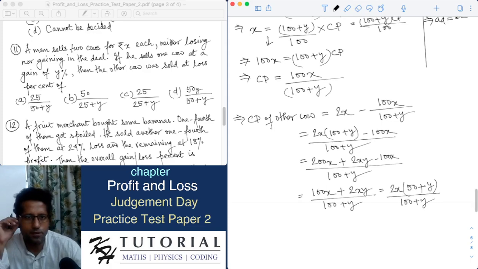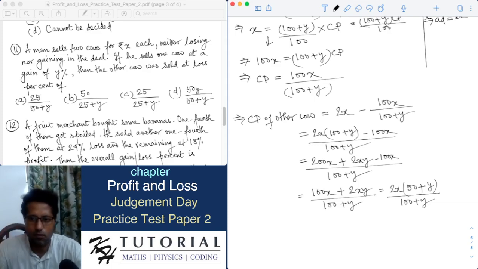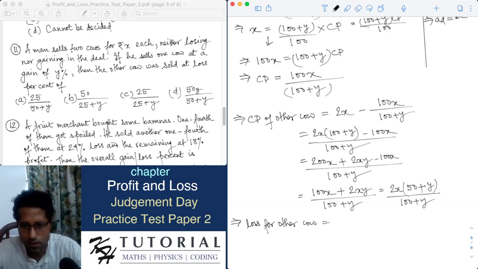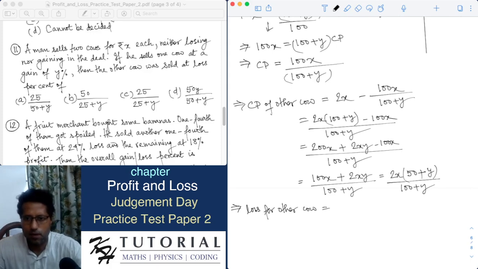Now the question is, the other cow was sold at a loss percent of what. So this is the cost price of the other cow, and we know that both the cows were sold at x. So therefore, the loss for the other cow, since it is talking about loss, should be the cost price of the other cow minus the selling price of the cow.